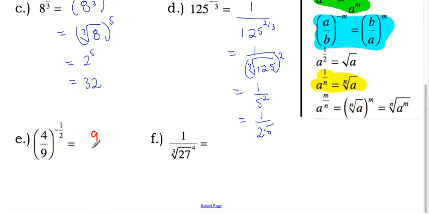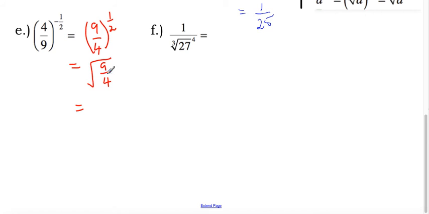So that would become 9 over 4. And now we make that a positive a half. Remember, the power of a half over here is the same as square root. So what we actually want to do is take the square root of 9 over 4. And when you have a fraction, you can take the square root separately. So square root of 9 over square root of 4. So we have 3 over 2.